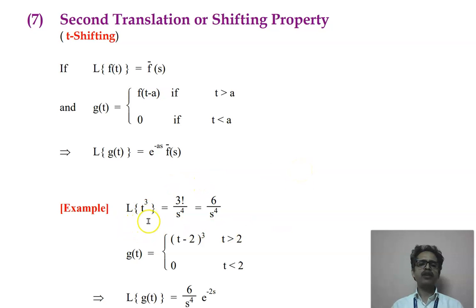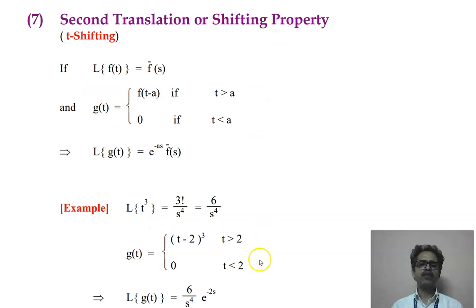We know Laplace of t cube is 3 factorial upon s raised to 4, that is 6 upon s raised to 4. And suppose g of t is a function which has two values: t minus 2 whole cube if t is greater than 2 and 0 if t is less than 2. So this function has this type.